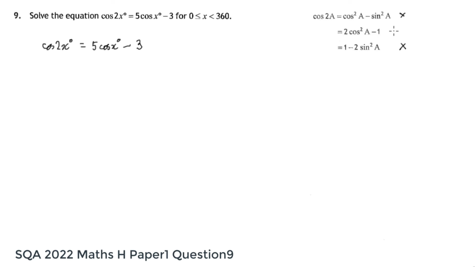The version we're going to use would be the one that only involves cosine. There's no point in introducing sines when they're not there to begin with. So the left hand side we can replace by 2 cos squared x minus 1. And the right hand side is 5 cos x minus 3.